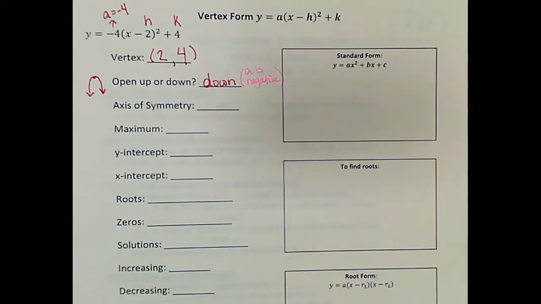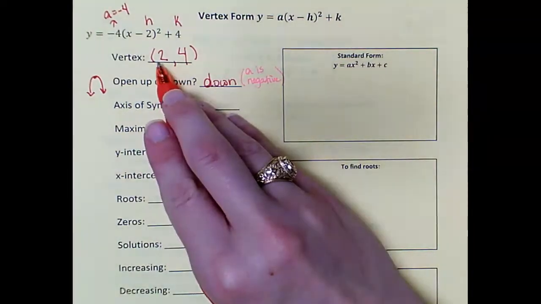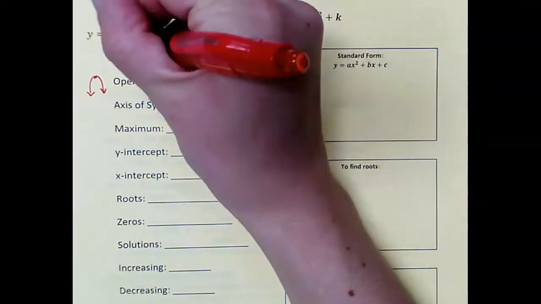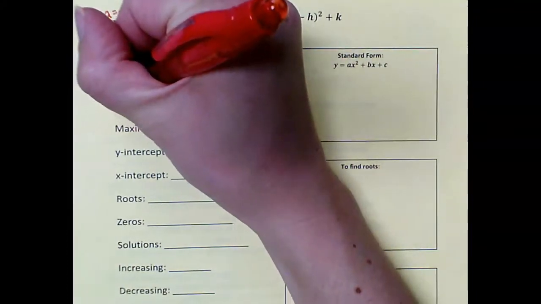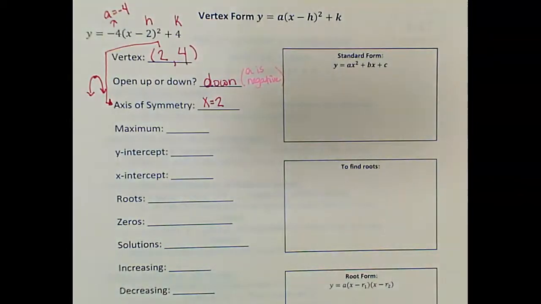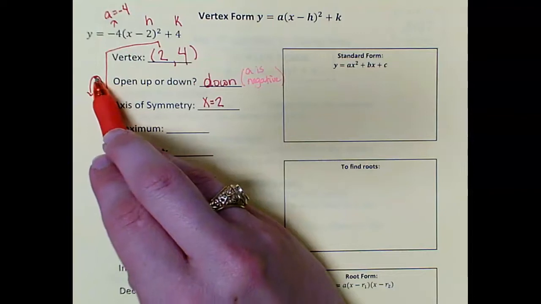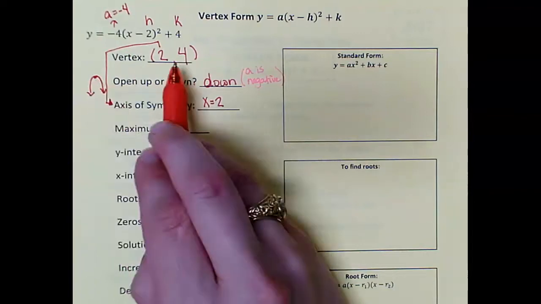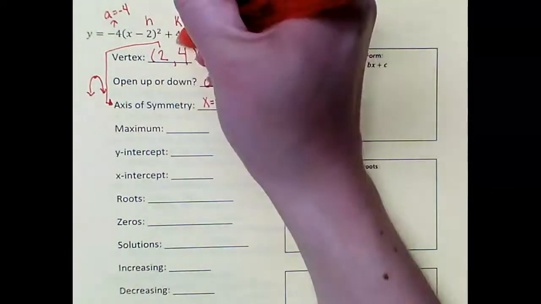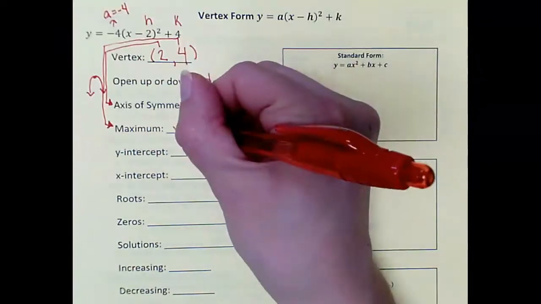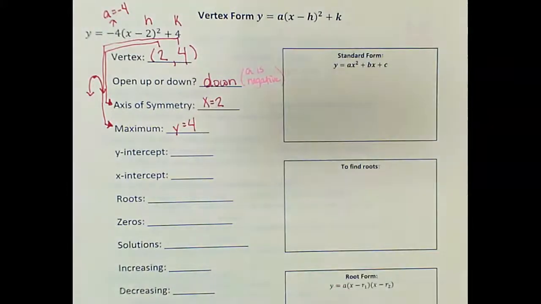Remember, the axis of symmetry comes from the x value of the vertex, so x equals 2 is my axis of symmetry. And my maximum, because my graph does open down, so my vertex is going to give me a maximum value. My maximum comes from the y value of the vertex. So y equals 4.